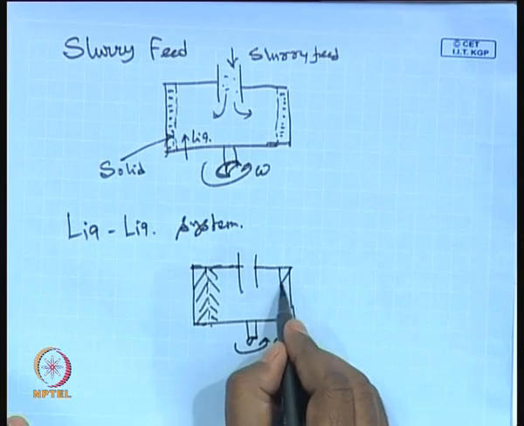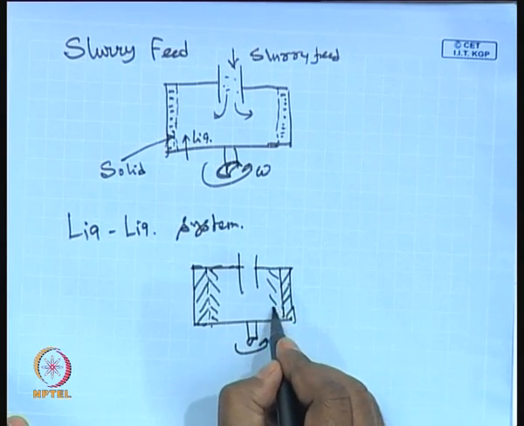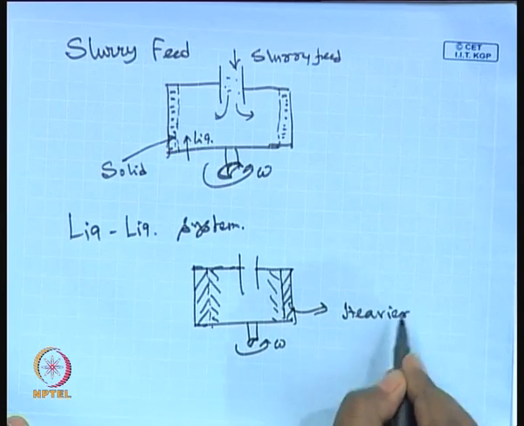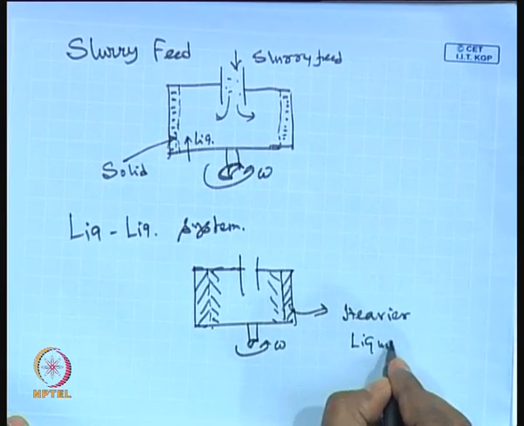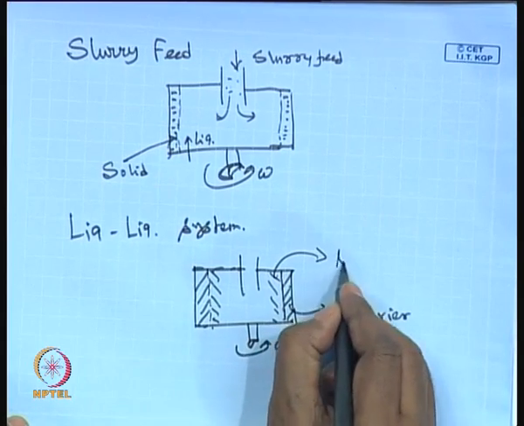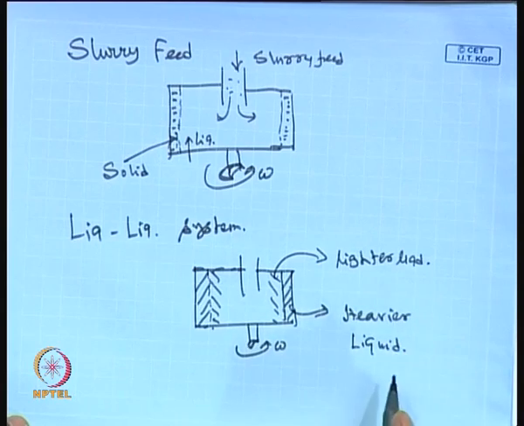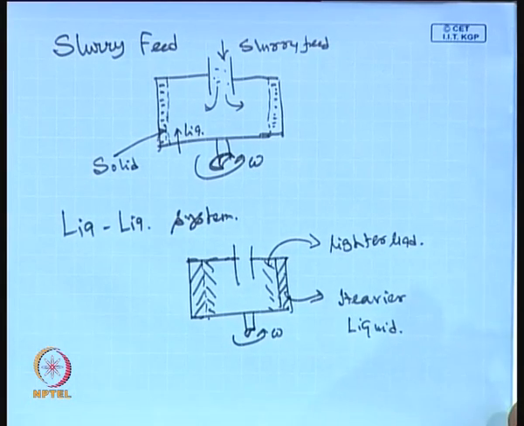So, this is the heavier liquid having higher density, and this will be the lighter liquid. The heavier liquid can be taken out from the wall and the centrifugal separation process will be effected in this system. Okay. So, we can have either a solid liquid system or a liquid liquid system of different densities as well.